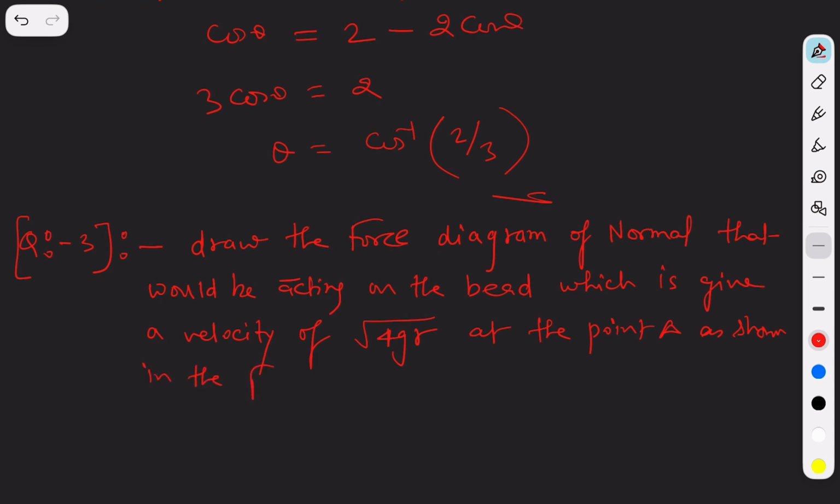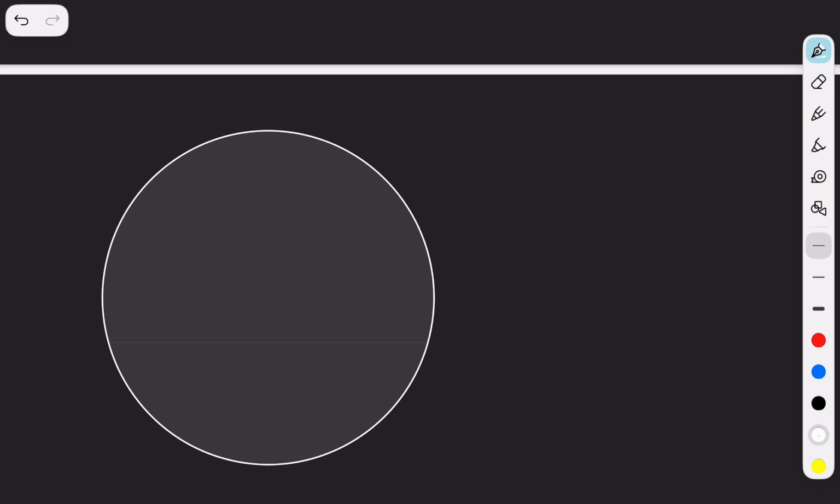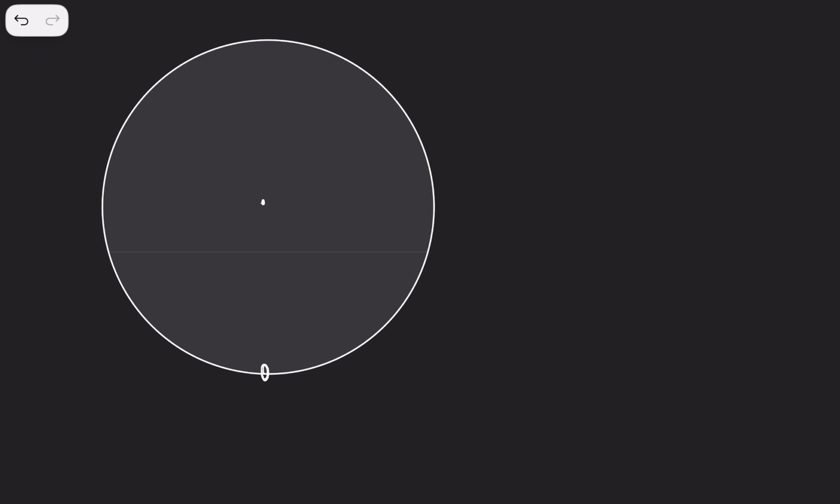So guys, here if you see, this is the problem that I am having for you. Let's say this is your bead. Right now, there are two types of normal forces that are possible. If the bead is like this, meaning this end is attached with the ring, then the normal force will be in this direction.